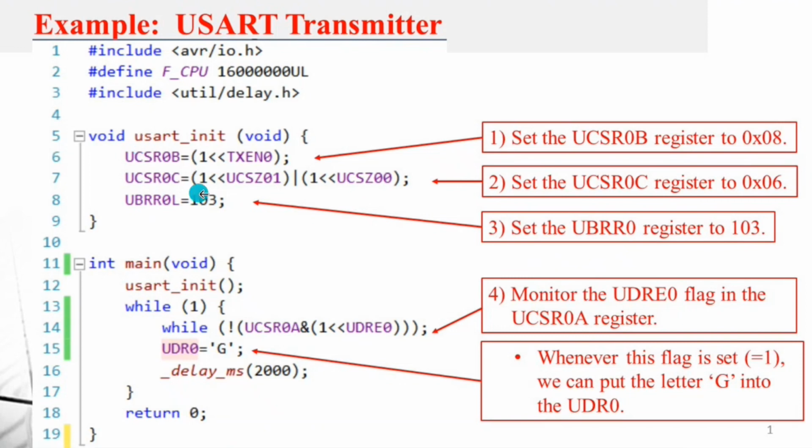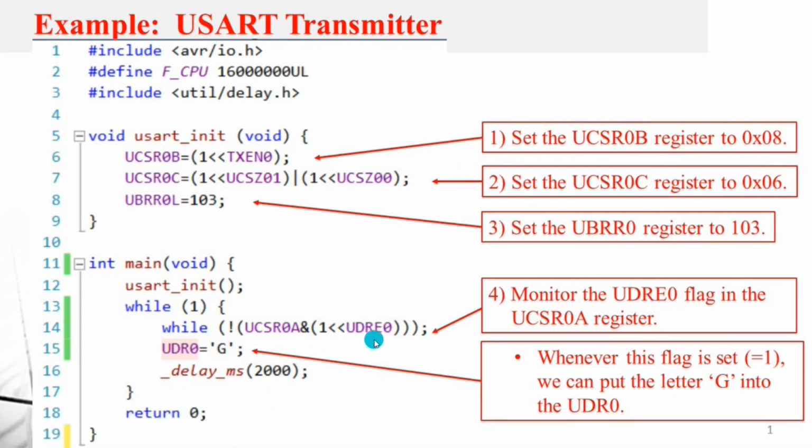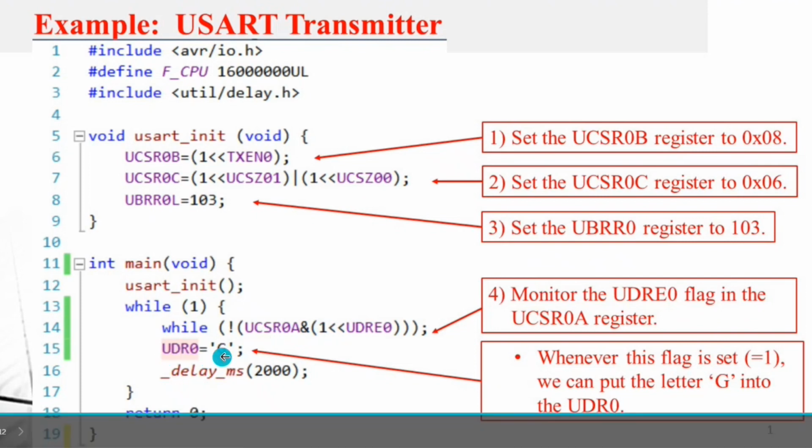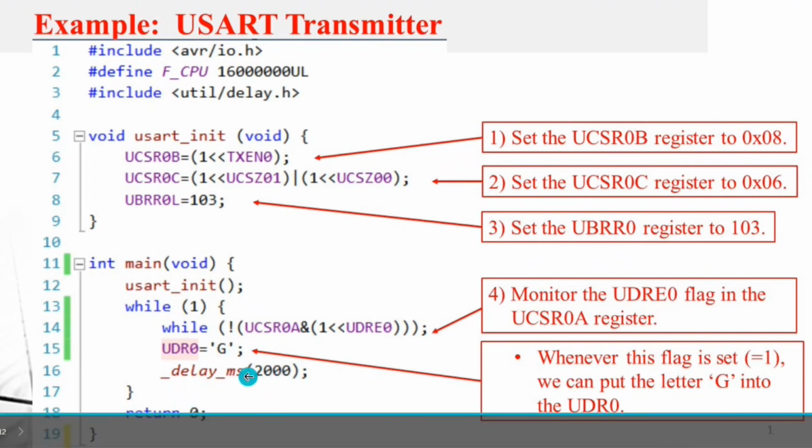As the setup is done, we can go into the loop. This is the monitor setup. The criteria is if the UDRE0 flag is 1 in the UCSR0A register, it will show the letter G in UDR0 with a delay of 2 seconds, and just go on and on like that.